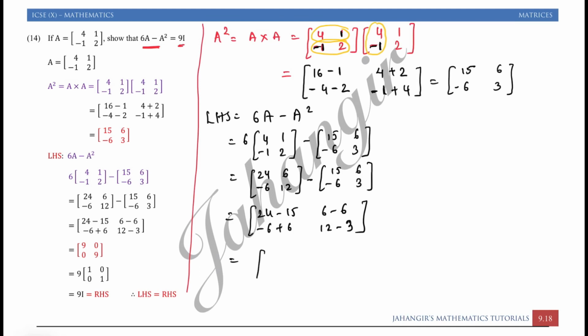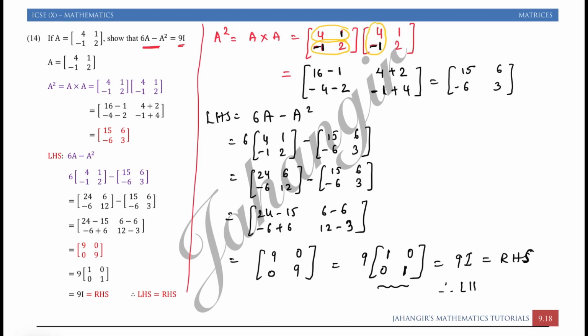So here you will get 9 0 0 9. If you take out 9 common from this, you will get 1 0 0 1. So we know this is an identity matrix that I can write as 9I. So therefore that is equal to RHS. So therefore you can say LHS is equal to RHS.